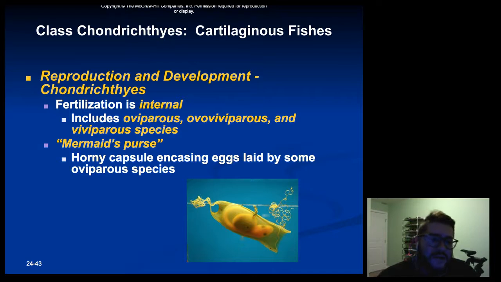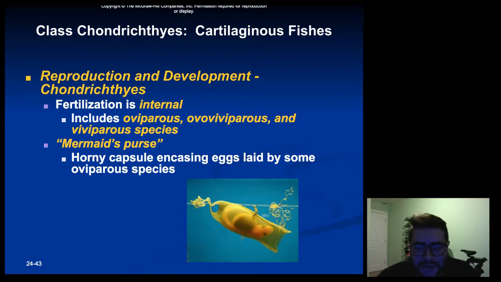So chondrichthyes have internal fertilization and all three birthing methods. One of the more interesting examples of a birthing method is this oviparous birthing type, what we see here, known as a mermaid's purse. A mermaid's purse is what happens when a shark releases their eggs, or generally most members of chondrichthyes actually.